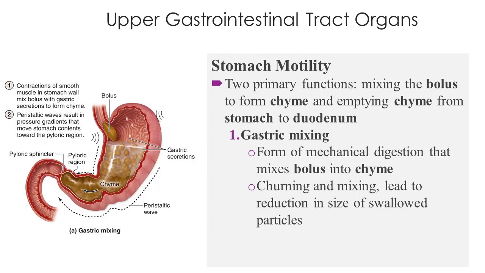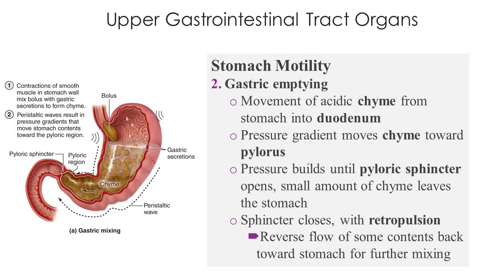Now, once we churn and mix and we have our chyme, we're eventually going to need to allow that material to move into the duodenum. Because of gravity and because of muscular contractions that are going on, we're going to have a pressure gradient. And that pressure gradient is going to be lowest up by the dome.